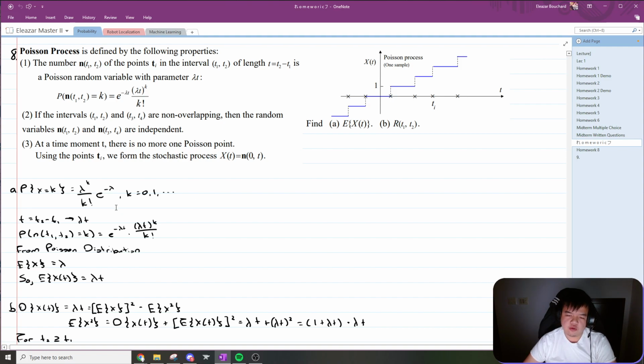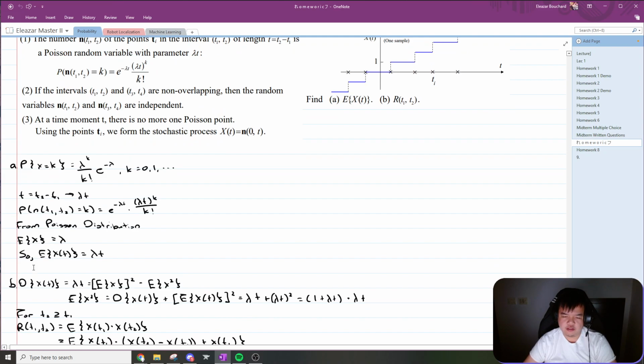So we have t equals t2 minus t1, and with the parameter of lambda t, we could write out our Poisson process probability of N(t1, t2) equals k equals the exponential of minus lambda t times (lambda t) to the k over k factorial. And from the Poisson distribution, we have the expected value of lambda. So the expected value of X_t is lambda t, and that's A.